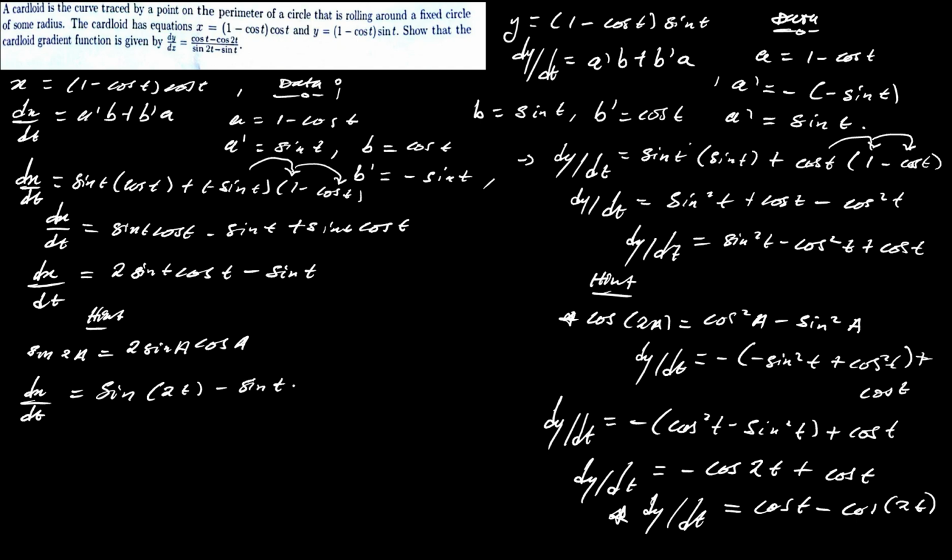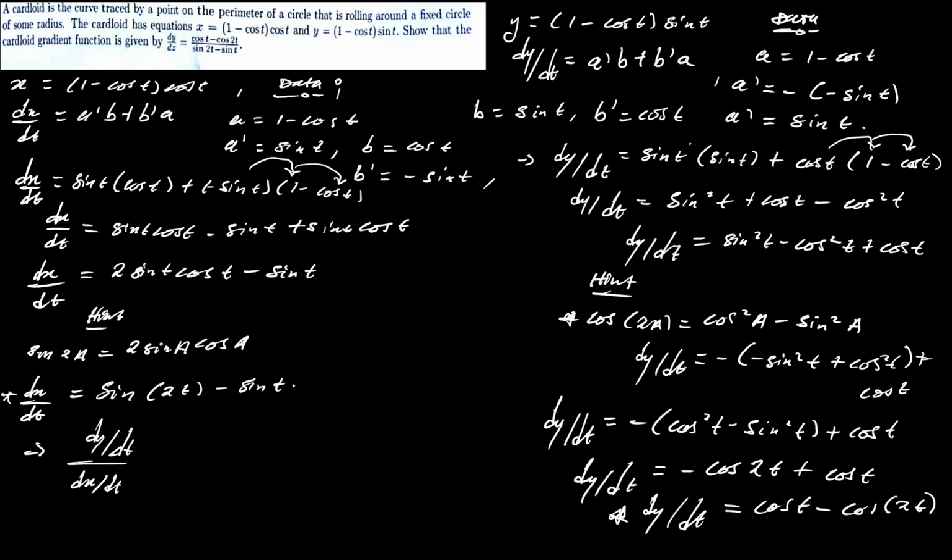Now with that in consideration, the partial derivative of x and the partial derivative of y have been found. Now how can we make that the complete derivative? Remember, we're looking for dy/dx, the derivative of y with respect to x. So dy/dx is created by taking the partial derivative of y with respect to t divided by the partial derivative of x with respect to t.